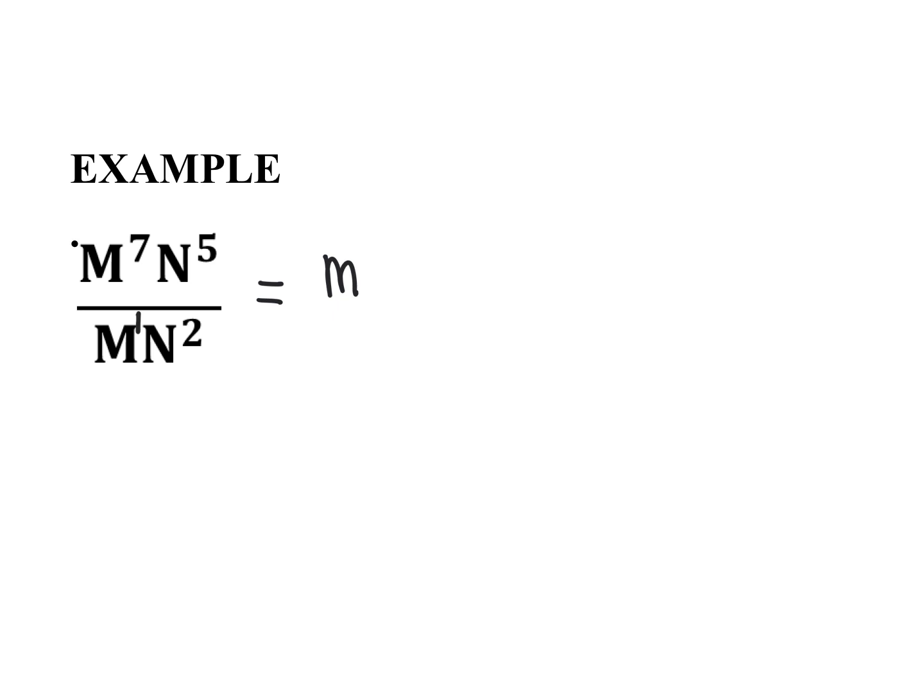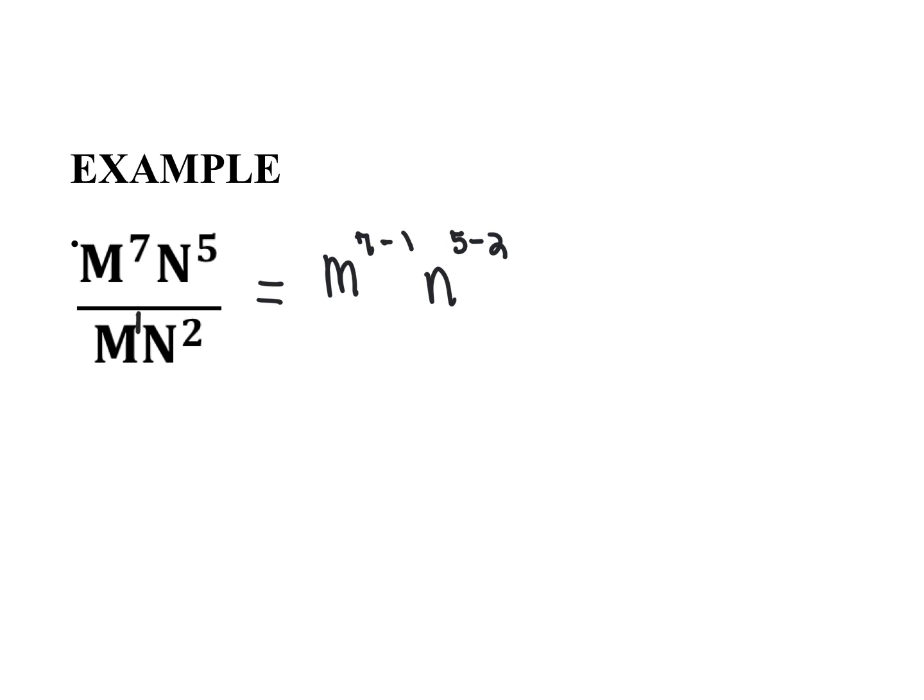So since m is on top, I put the exponent on top minus the exponent on the bottom. I then look at my n's. I have n to the 5th on top and n to the 2nd on the bottom. I ask where is the largest degree of n, and that is going to be on top, and I subtract top exponent minus bottom exponent.